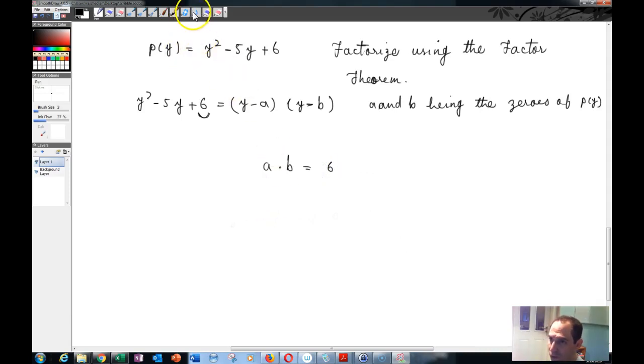We talked about this in the previous example, I suppose. So a times b is equal to 6 here, meaning that the product of the two zeros is equal to 6.